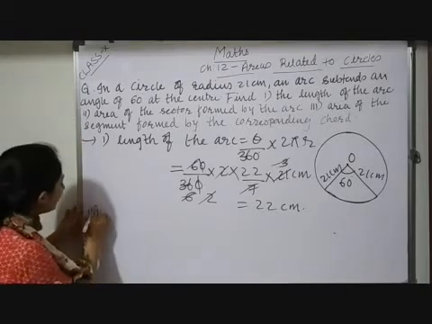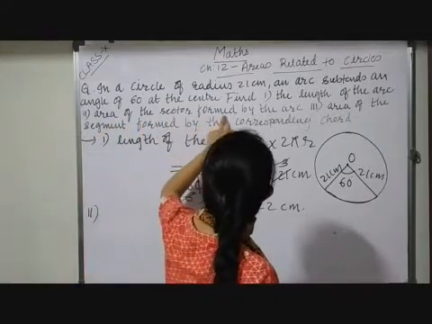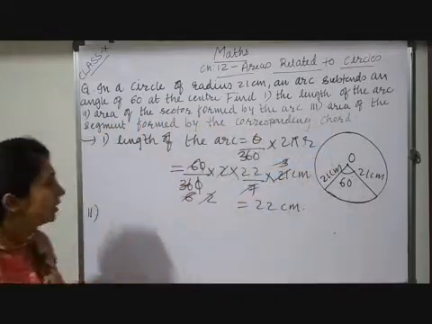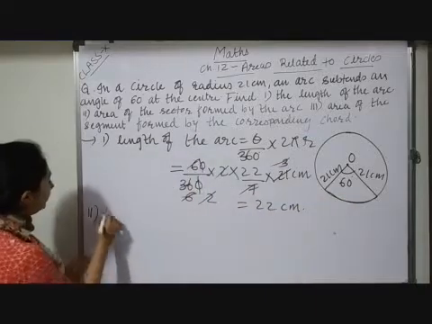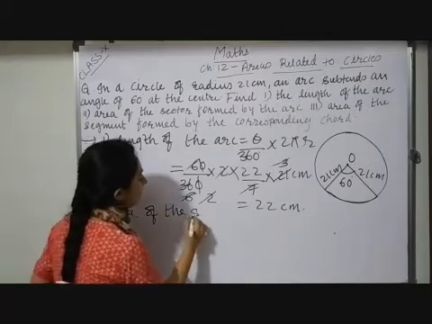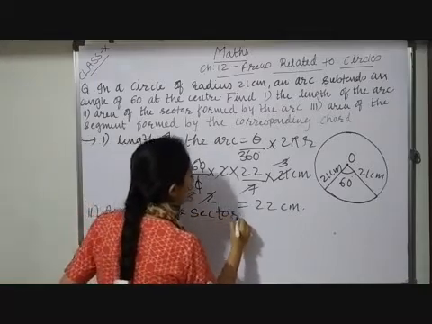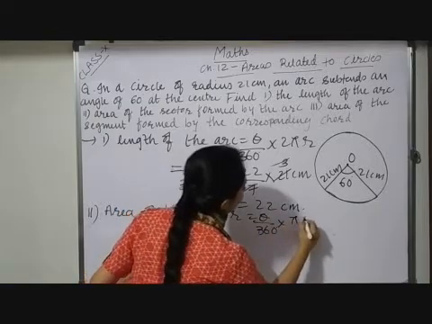Now next one is, find the area of the sector formed by the arc. So here I have to find the area of this sector. Area of the sector, you have a formula: theta by 360 degree into pi r square.